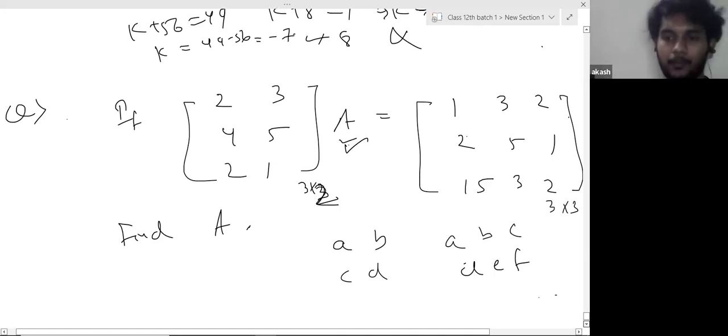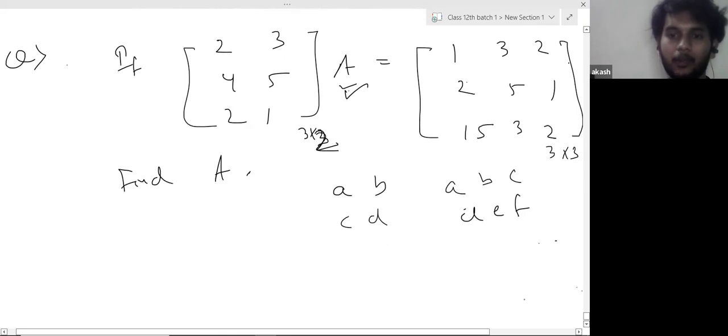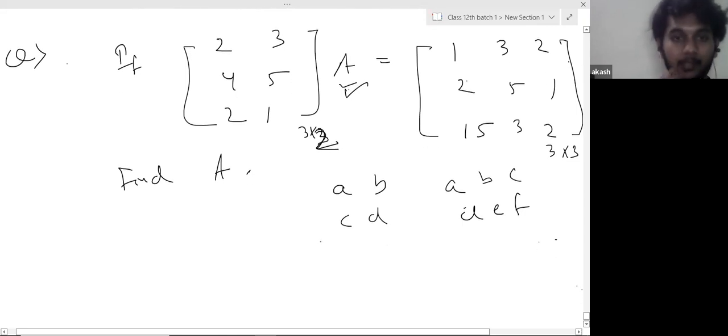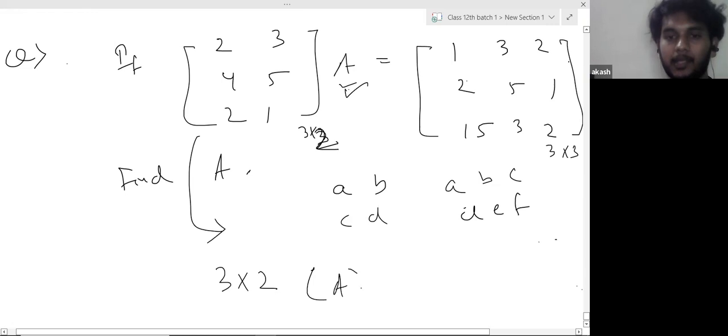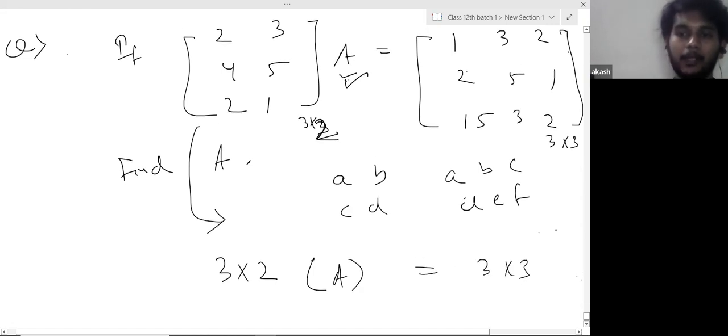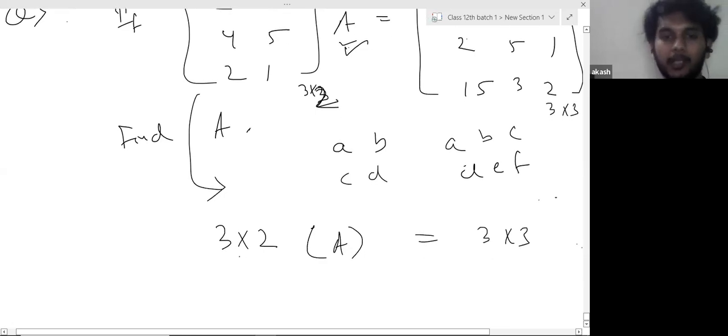Absolutely right. All right. See how to decide which order to take. They will give you these tricky questions also, so you have to think about this. This matrix is of order 3 by 2, and we have to multiply by one matrix A, and the order we are getting is 3 by 3. If two matrices are multiplied and the multiplication is defined, that means the columns of the first matrix must be equal to the rows of the second matrix.